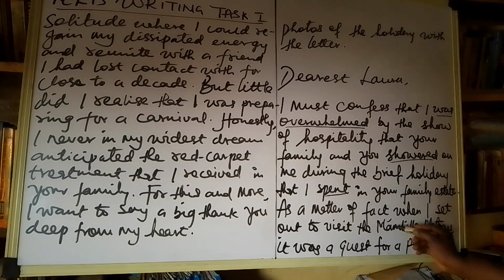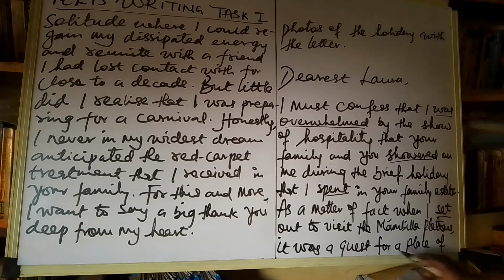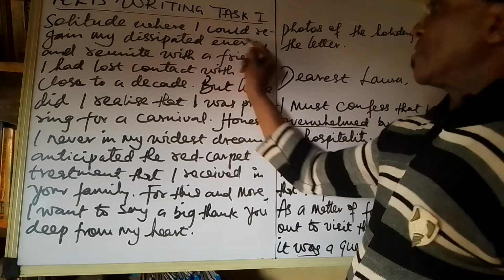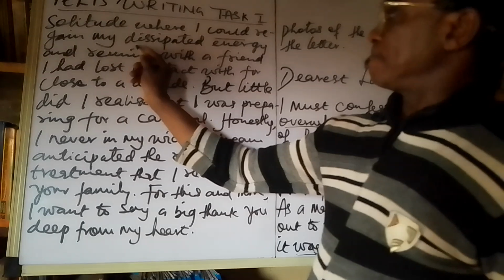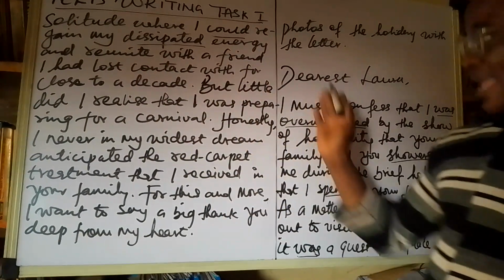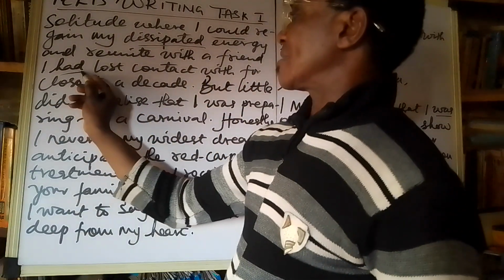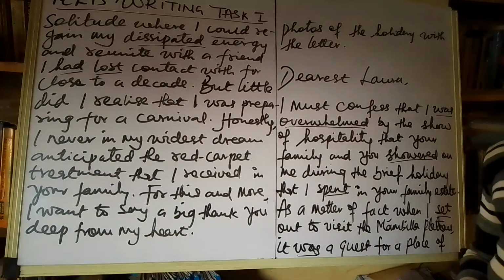As a matter of fact, when I set out to visit the Mambila Plateau, it was a quest for a place of solitude where I could regain my dissipated energy and reunite with a friend I had lost contact with for close to a decade.